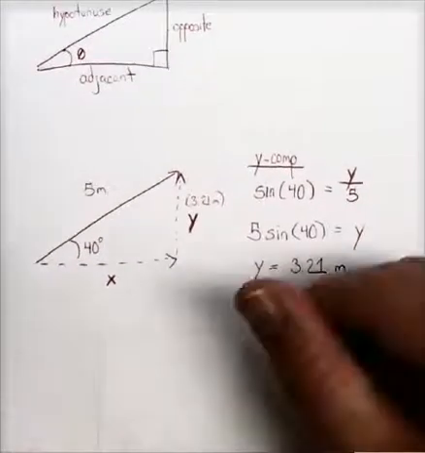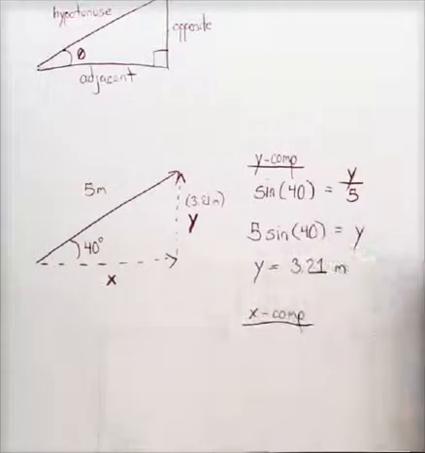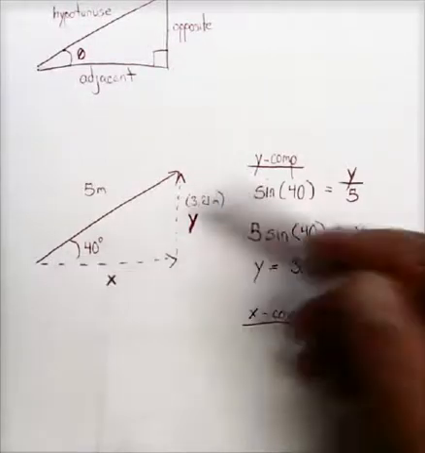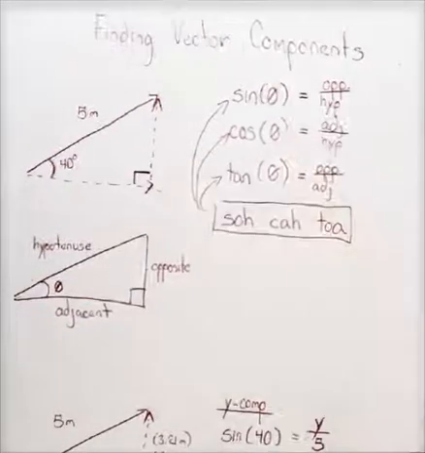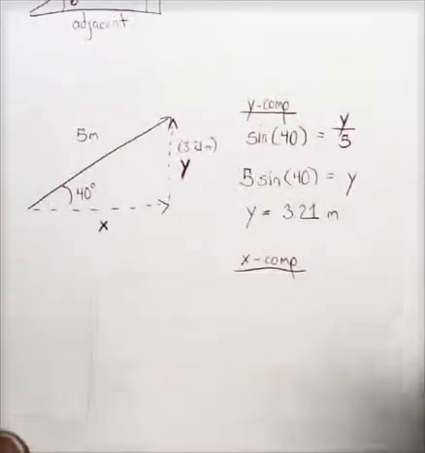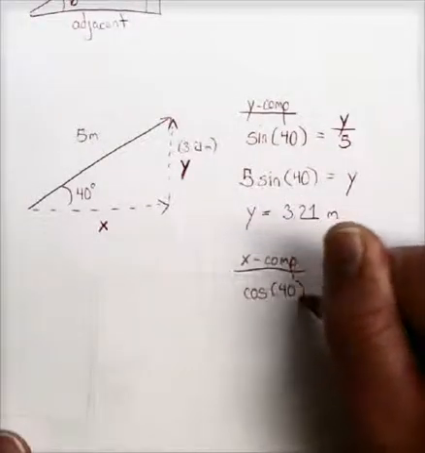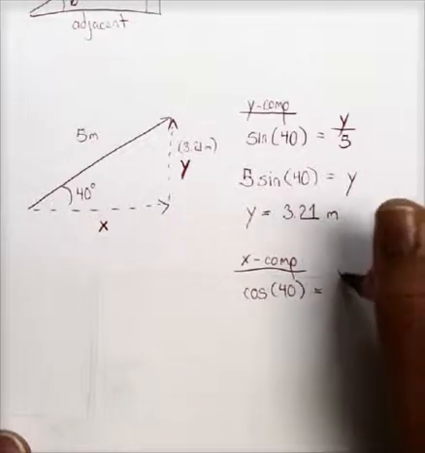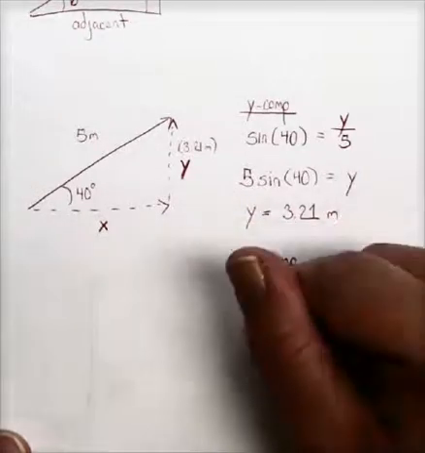I can do the same type of work to find the length of the x component. So I designate that I'm now looking for the x component. This is the adjacent side, so if I look back through my functions, I'm going to want to use the cosine function to find that. I say that the cosine of 40 is equal to the adjacent side, which is the x component, divided by 5.